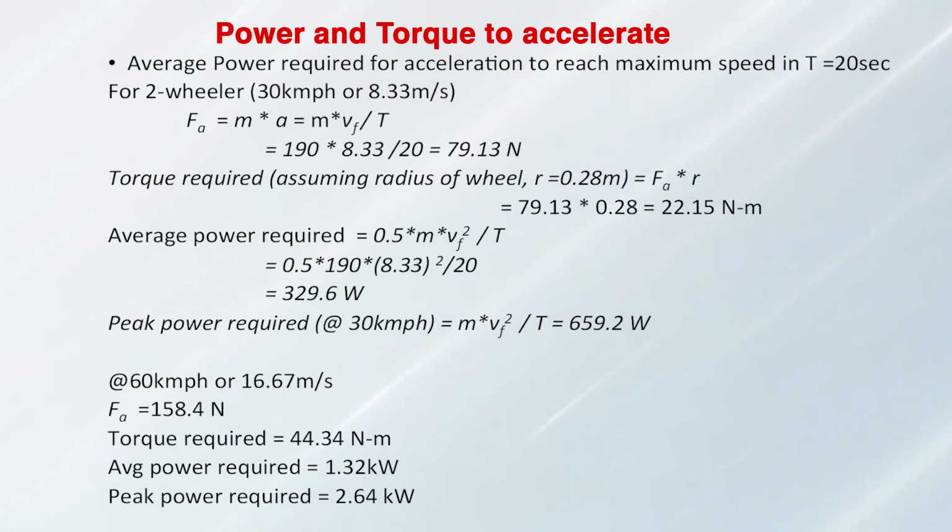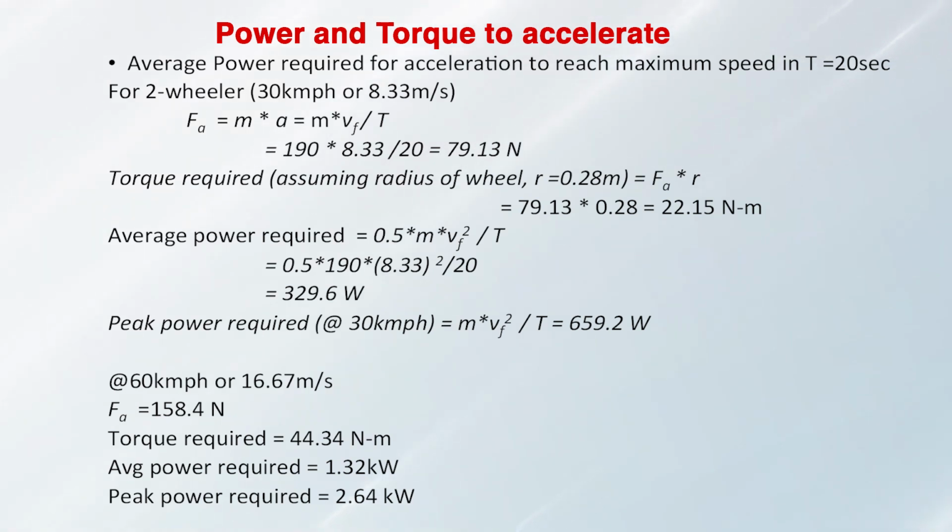Here v f is the speed with which the vehicle is going. Let it be 30 kilometers per hour, and t is 20 seconds. So, the force required is m into a, or m into v f by t. M is the mass. As we have seen in the last session, in the calculation of rolling resistance, the mass is considered to be 190.